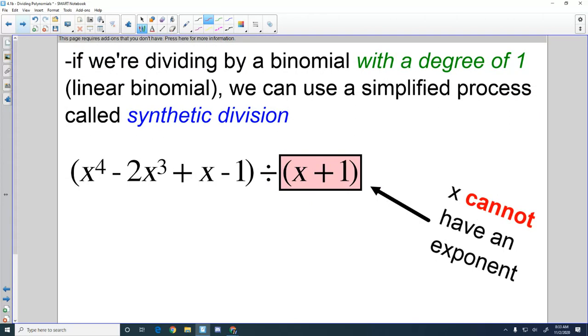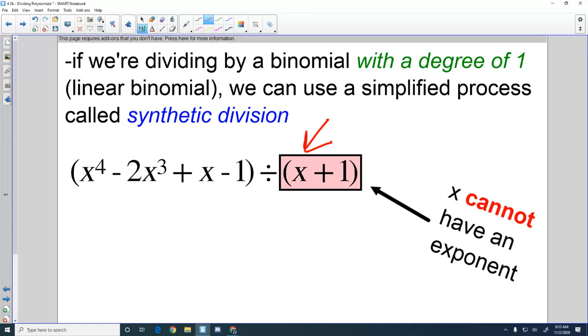So this is an easier process. There's a special type of division, but we can only do it with certain conditions, okay? Look at this divisor right here.